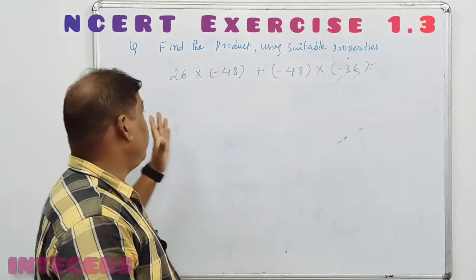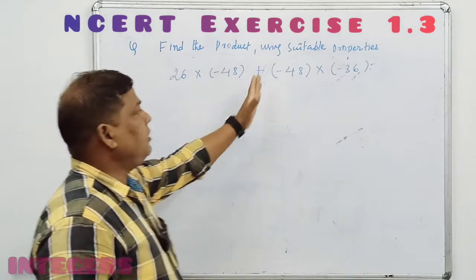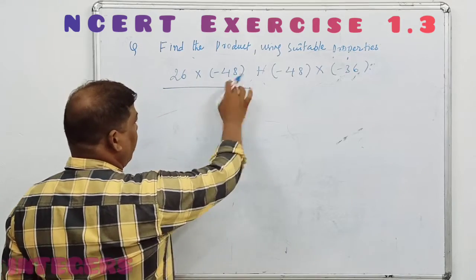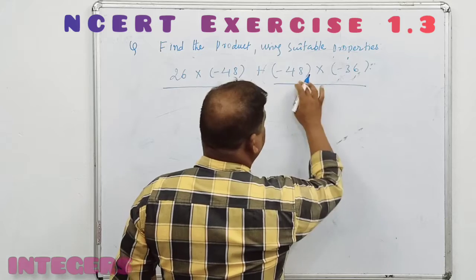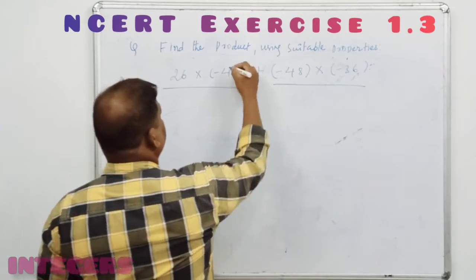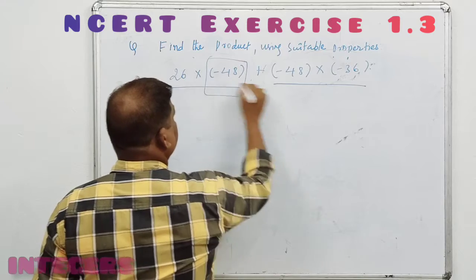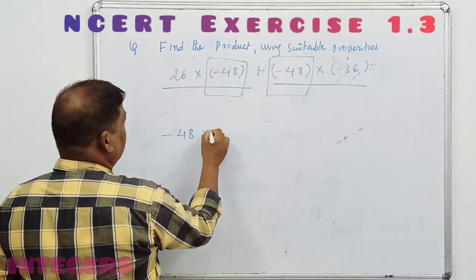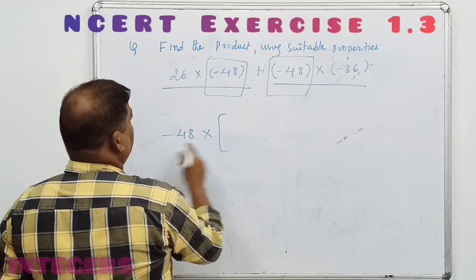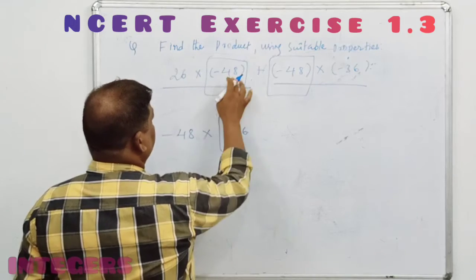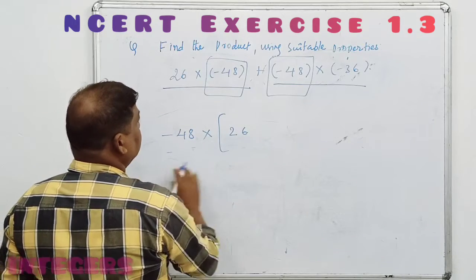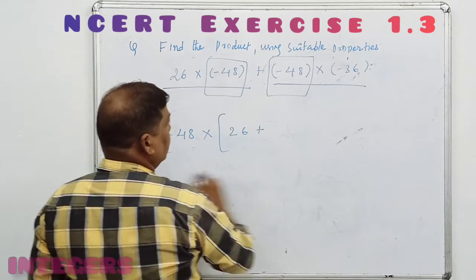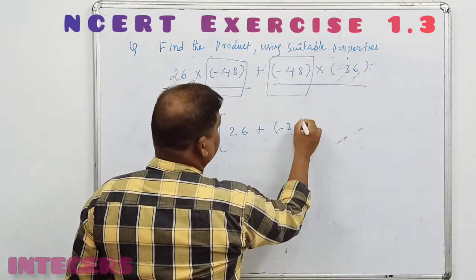Let us see the next sum. Find the product using suitable properties: 26 multiplied with minus 48, plus minus 48 multiplied with minus 36. Here there is minus 48 in both terms, so you have to take minus 48 common. What is left is 26 plus minus 36.